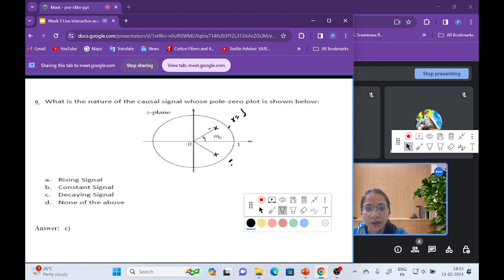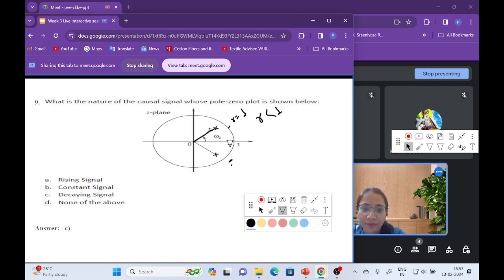But here the r value is less than 1, that means r must be this much only, and this is the angle omega naught.